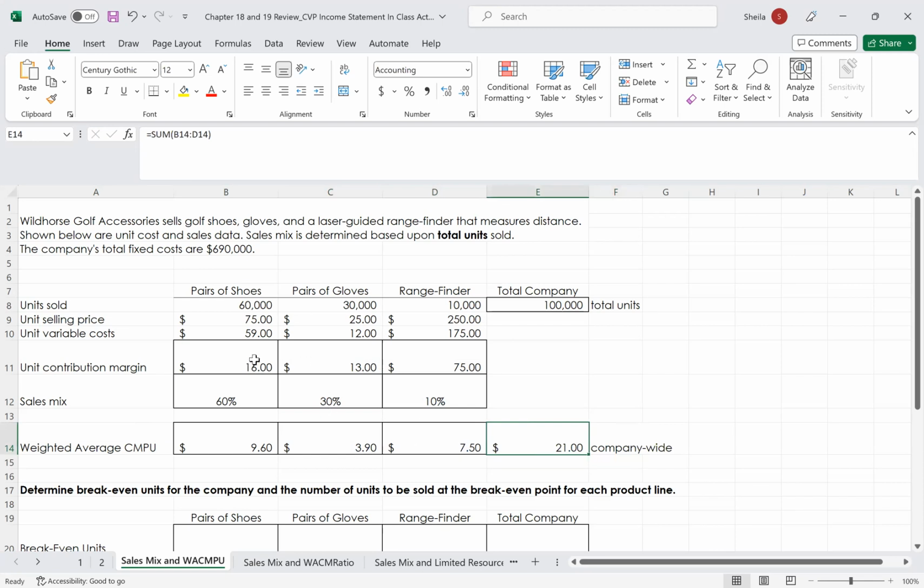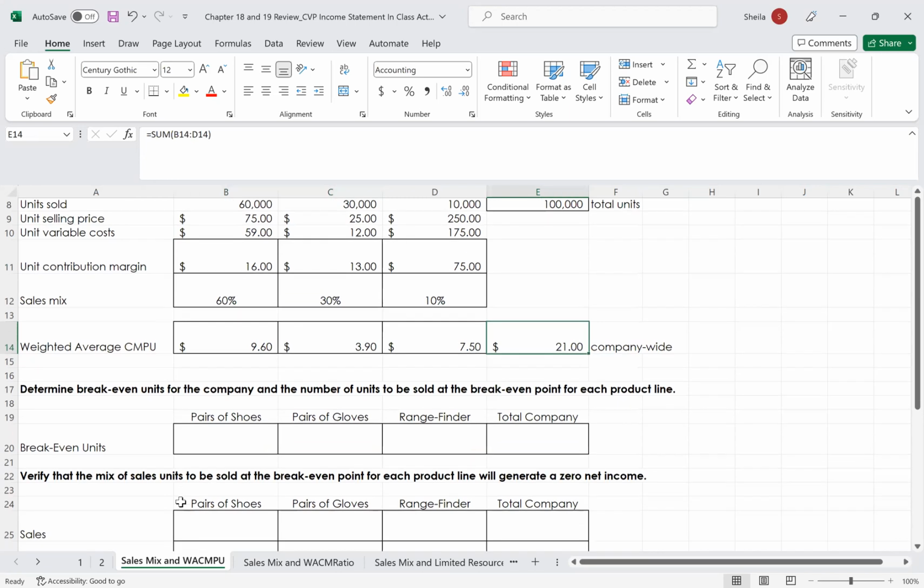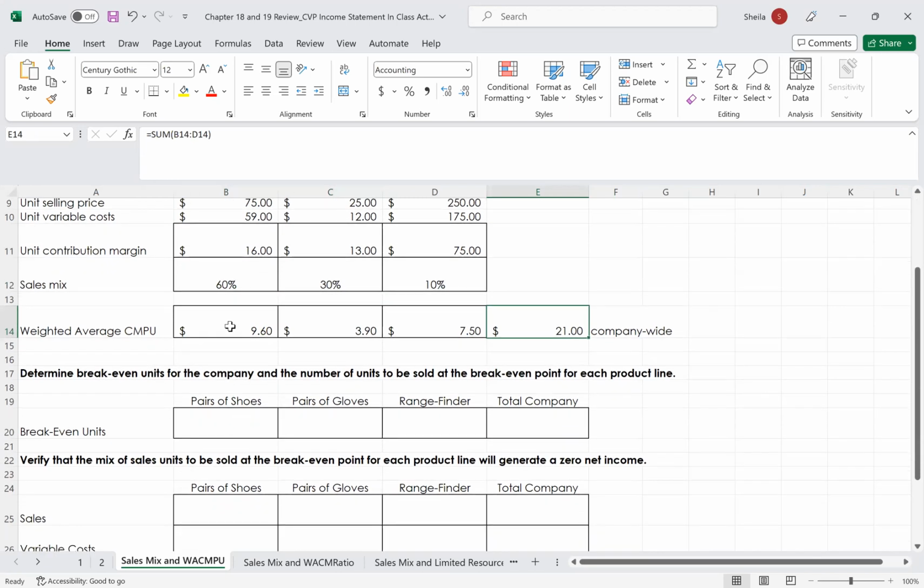So all I've essentially done is reallocated the contribution margins that I've earned across the sales mix of the related products. Now I can move forward to find things such as my break-even units for the company. And then I can even allocate those back to each of my individual products.